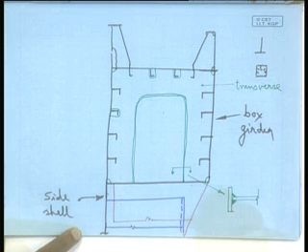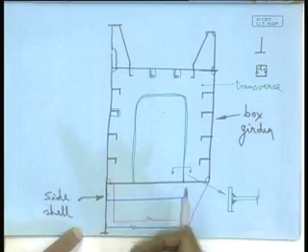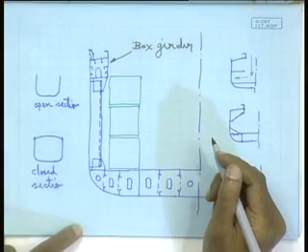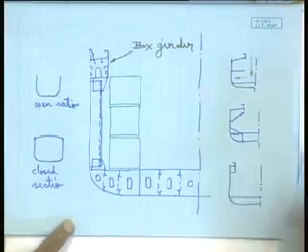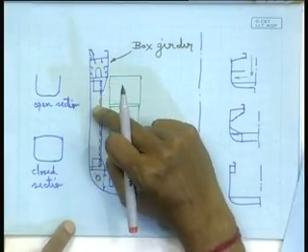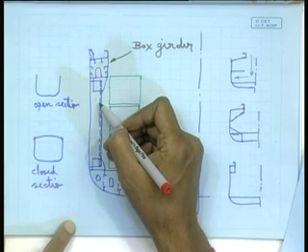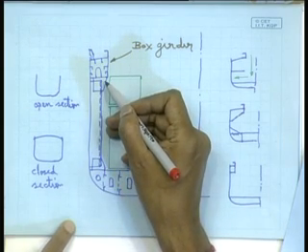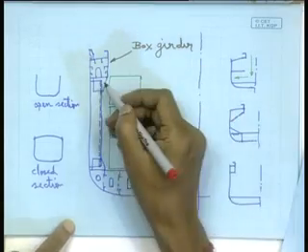The red line is the part of the bracket being shown, the blue line the part of the side shell frame. In this transverse member in the box girder, we are not having any longitudinals on the bottom side, because at every frame space these frames are coming and they are bracketed to the bottom plate. So, the bottom plate is stiffened by these brackets.